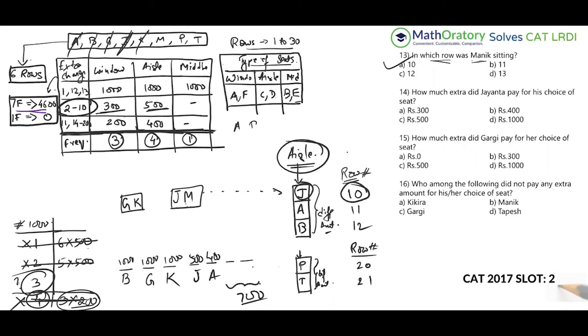Let me write this down: A, B, C, D, E, F. These are the column numbers, the seat letters. This is a window seat, this is a middle seat, this is an IL seat, again an IL seat, a middle seat, and a window seat. So a window seat and an IL seat will never be side by side, but two IL seats can be side by side. So effectively, J and M both of them are sitting on IL seats.